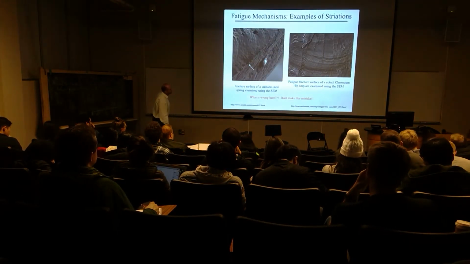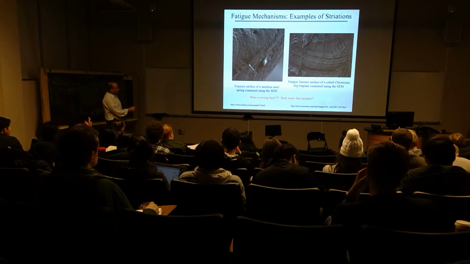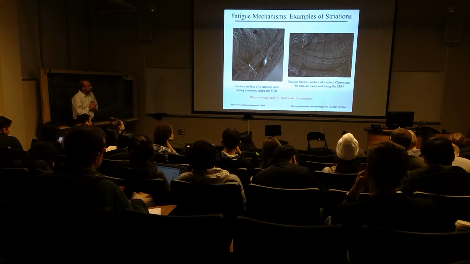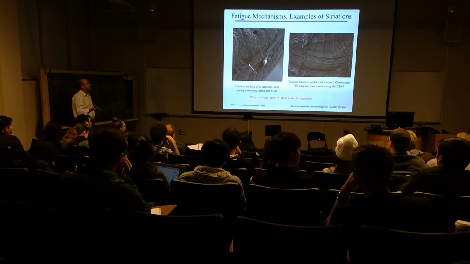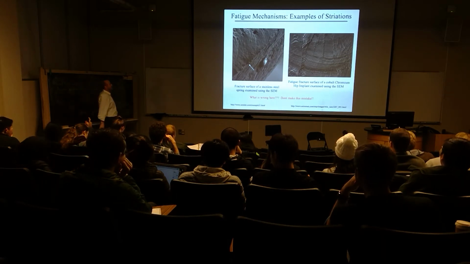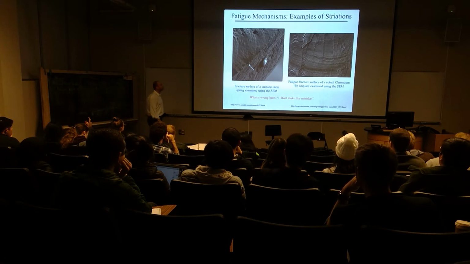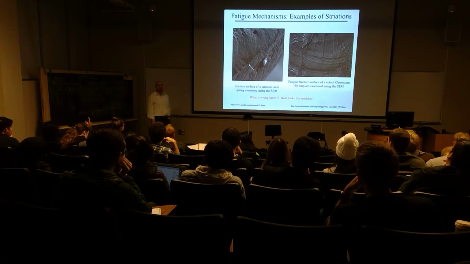So here are some pictures. Two different things I found on the internet that are actually striations, but they show something. I had a question. Should we see a striation? If I conduct 200,000 cycles, will we see 200,000 striations? We could, if the material has the capacity to show that.